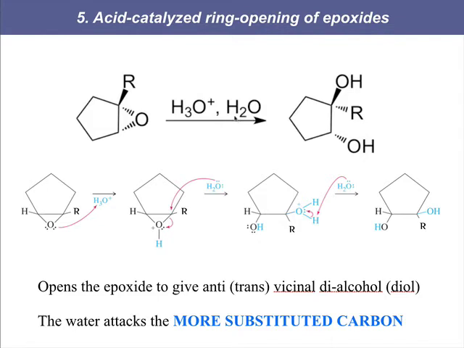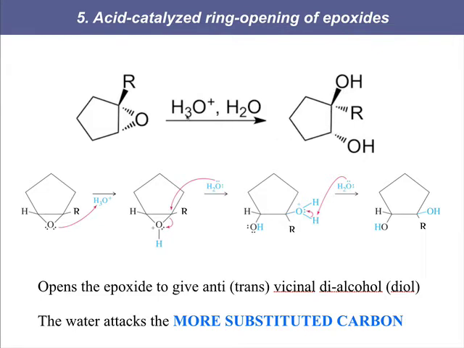Look what happens when we open up the ring. We end up with trans vicinal diols. Vicinal diols because they are on neighboring carbons, dialcohols, diol, and they are trans. One is up, wedged, one is down, dashed.